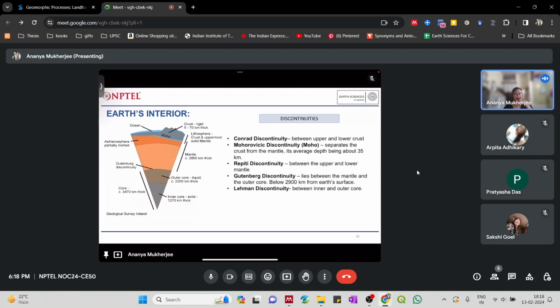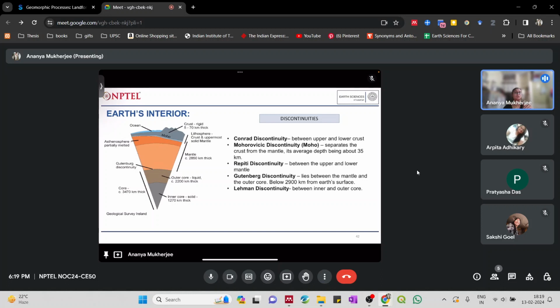Okay, so where that compositional change is happening within the mantle, there is a discontinuity present even there. So that is called the Repetti discontinuity. Okay, then you have another important discontinuity that divides two major layers. You have the Gutenberg discontinuity, which lies between the mantle and the outer core.